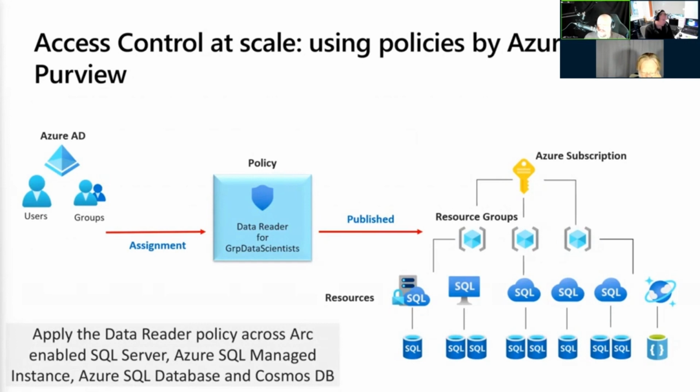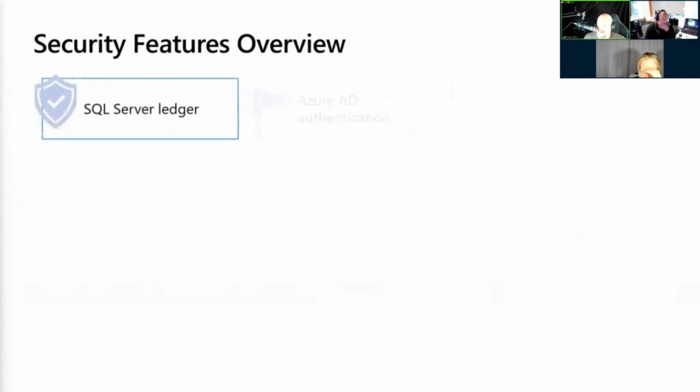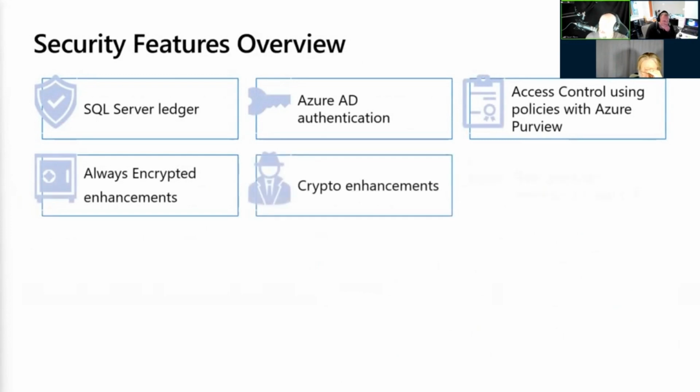So you can think of Azure Purview as a unified data governance and management service. So when integrated with SQL Server 2022, this is going to give you even greater data discovery and just a general security awareness through this approach. Now, obviously there's so much more, and look at all the security stuff.